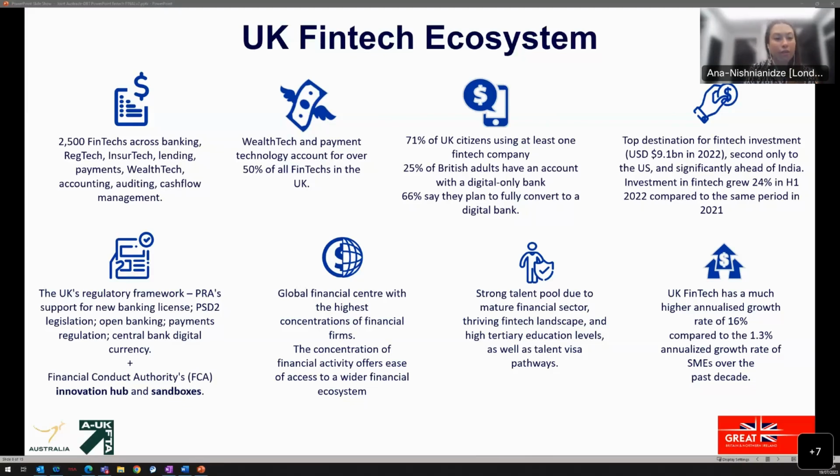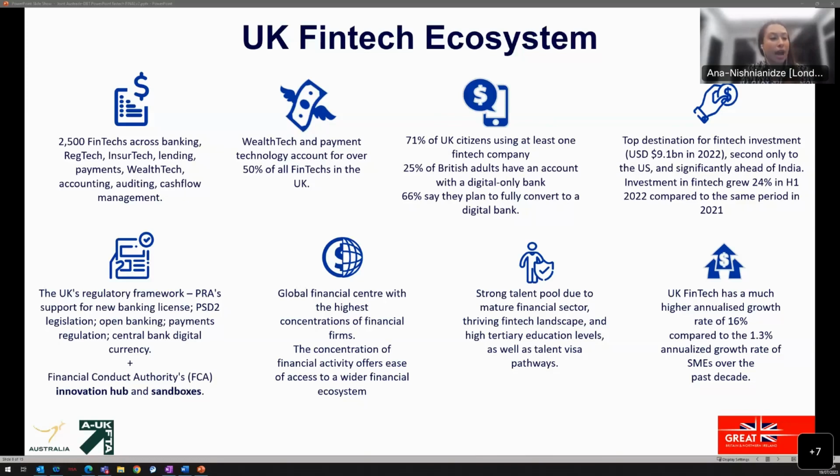whether it's the review of its current payments regulation, the adoption of PSD2 to really even out the playing field and encourage more innovation in financial services, or the support of the PRA to offer new banking licences, which led to the significant creation of neobanks.